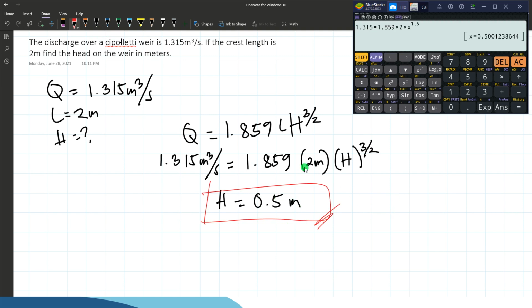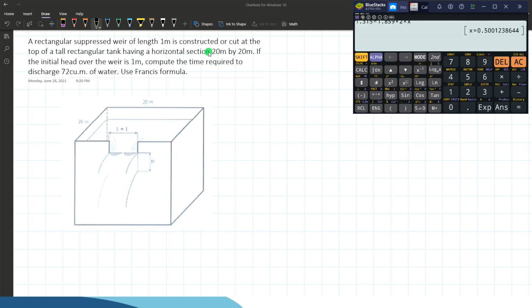Okay, last problem. A rectangular suppressed weir of length 1 meter is cut at the top of a tall rectangular tank having a horizontal section of 20 meters by 20 meters. Okay, that's your dimension, 20 by 20. If the initial head over the weir is 1 meter, compute the time required to discharge 72 cubic meters of water.